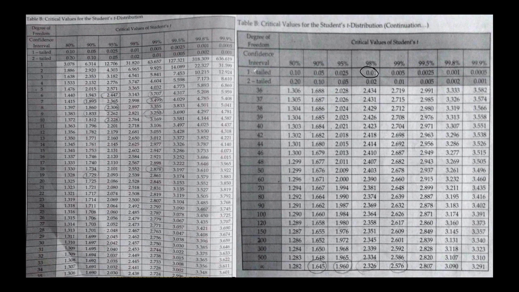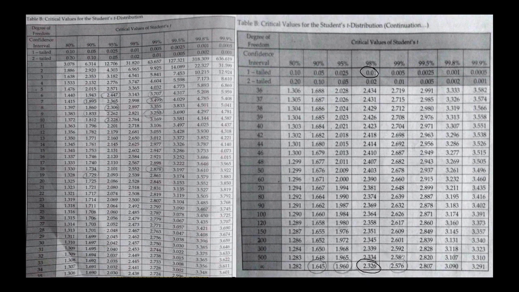Doon tayo titingin sa one-tailed test. By the way, magkadugtong lang ito, up to 35 kasi itong una, and ito, 36 nag-start. So, 0.01 tapos one-tailed test. Since there is no given confidence interval, etong 0.01 na nasa one-tailed test, tingin tayo doon sa infinite: 2.326.